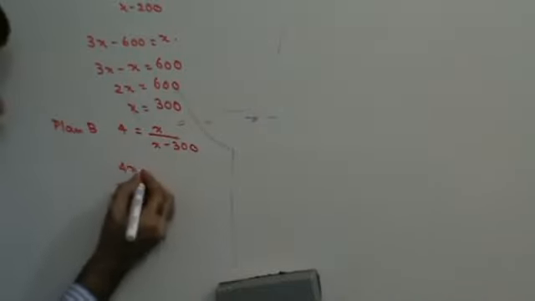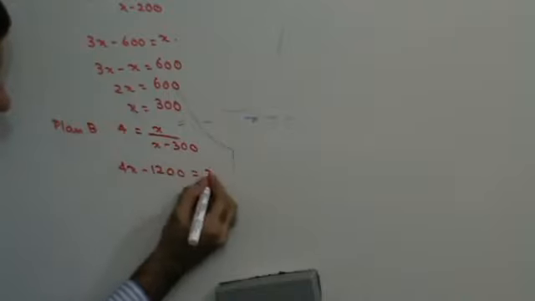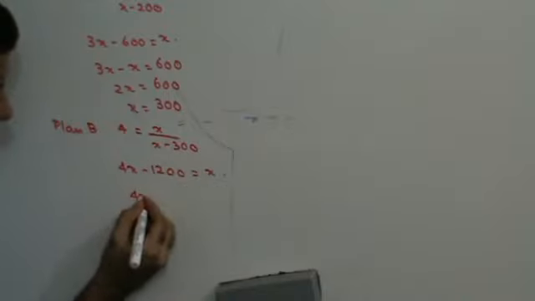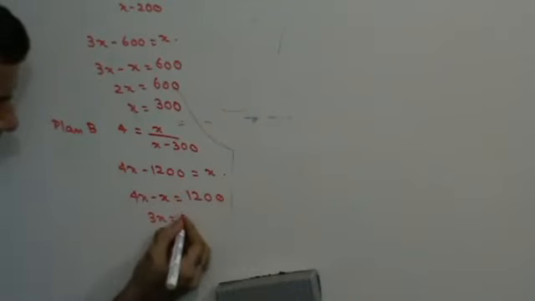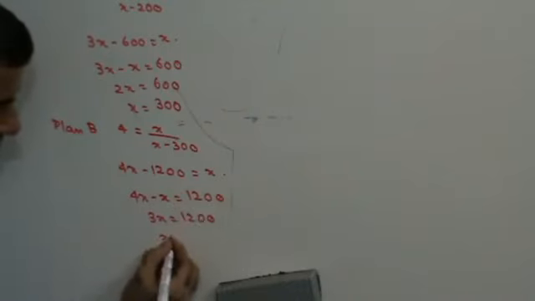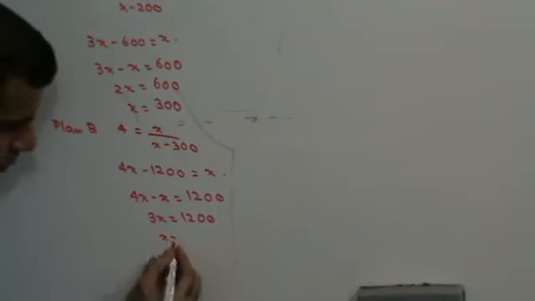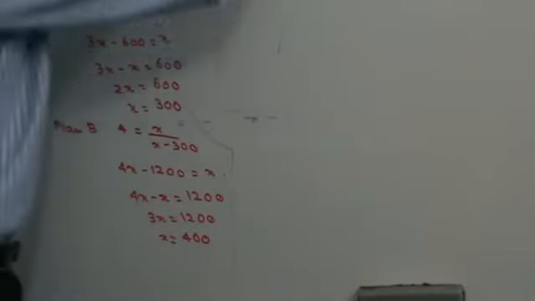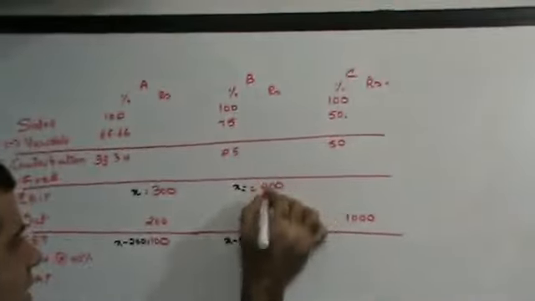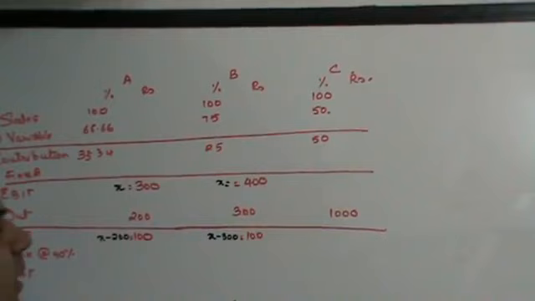Cross multiply, 4X minus 1200 is equal to X. 4X minus X is equal to 1200. 3X is equal to 1200. X is equal to 400. If X is 400, then this will be 100.